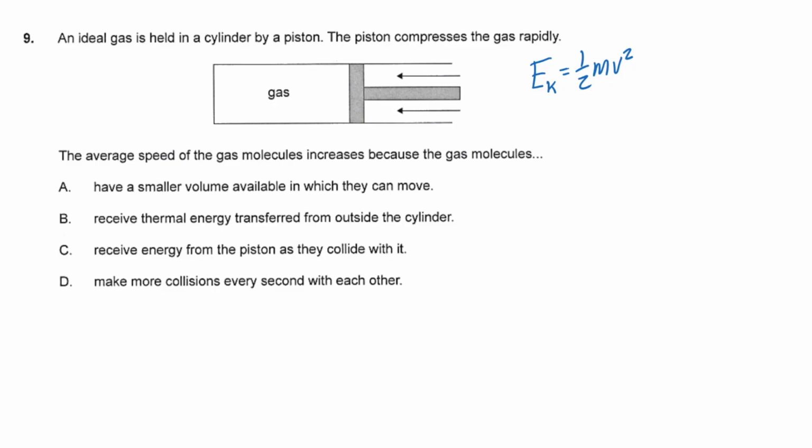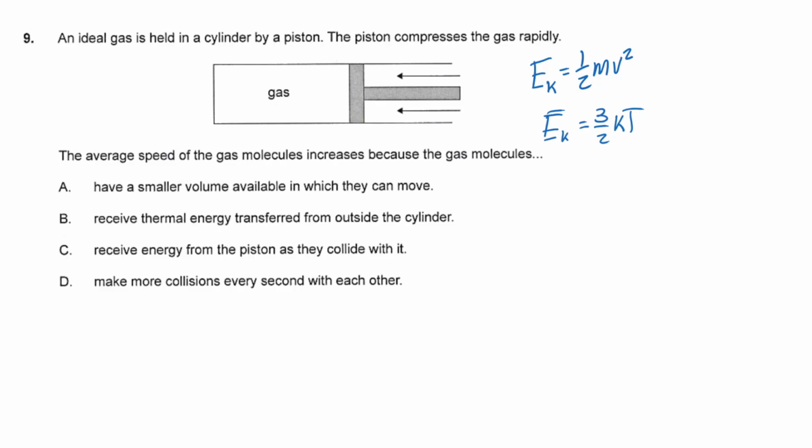So we need to look at the average kinetic energy of all molecules. And what is that going to be? That is going to be 3/2 times k, the Boltzmann constant, and then times T, the absolute temperature in kelvins.